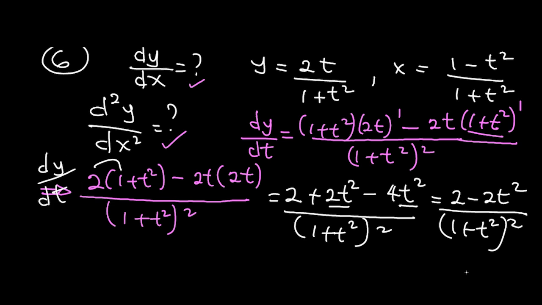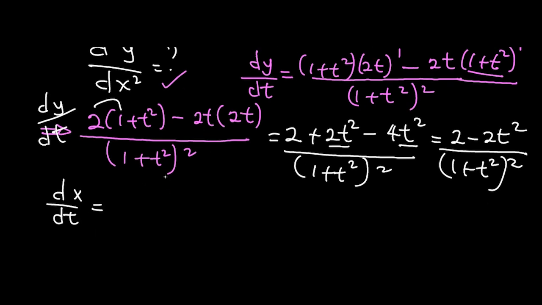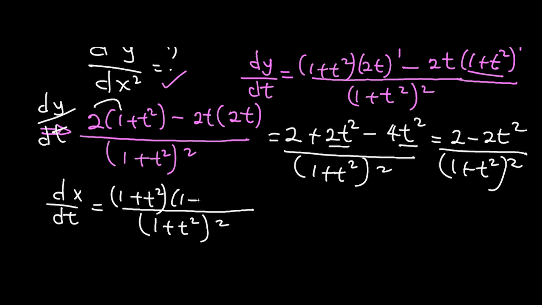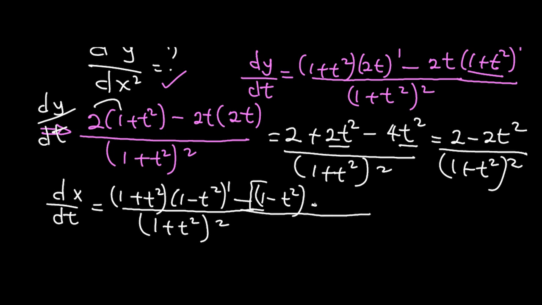So let's get dx/dt also. For dx/dt, the rational function involves a quotient rule, which is equal to the denominator, 1 plus t squared, times the derivative of the numerator 1 minus t squared, and then minus the numerator 1 minus t squared times the derivative of the denominator 1 plus t squared.